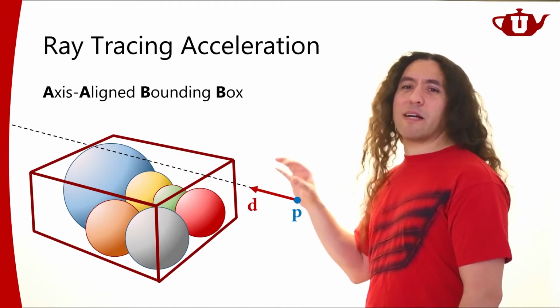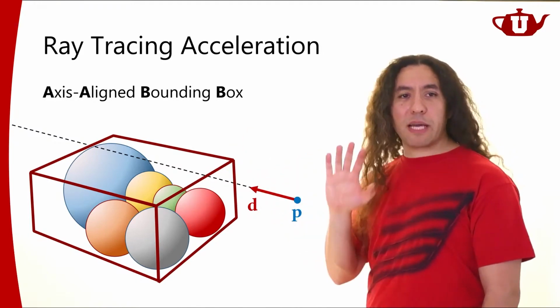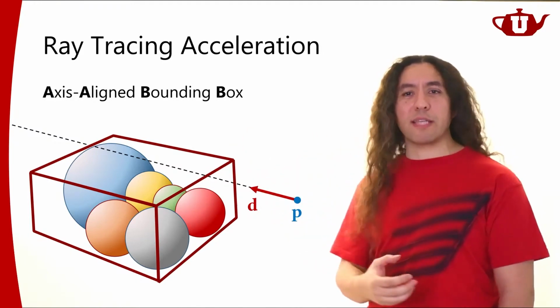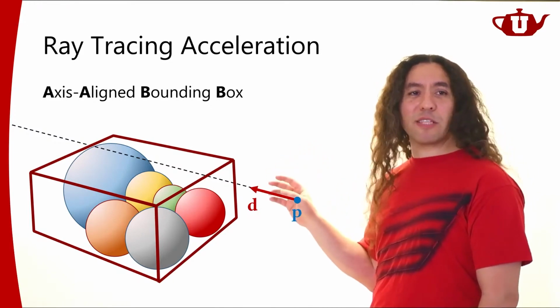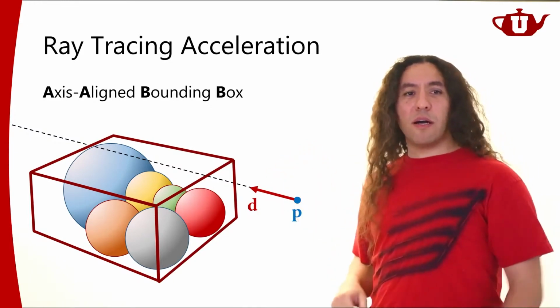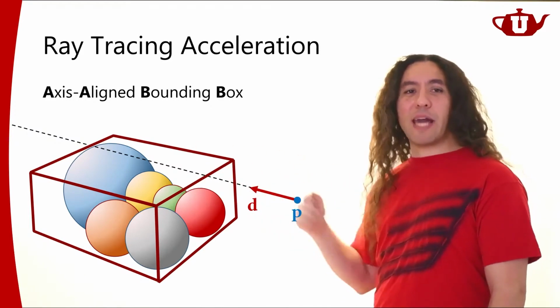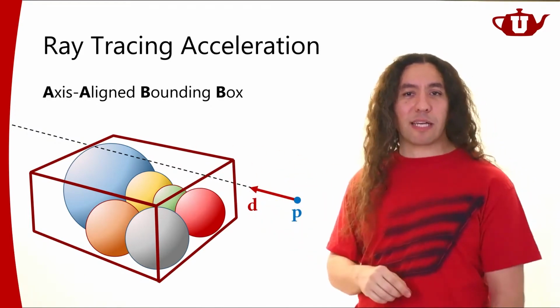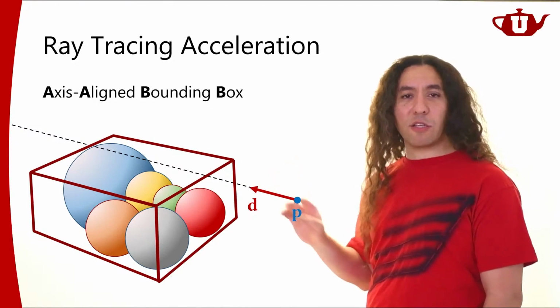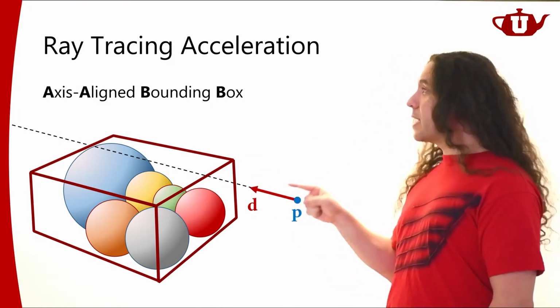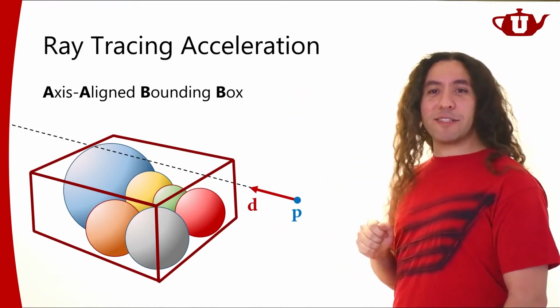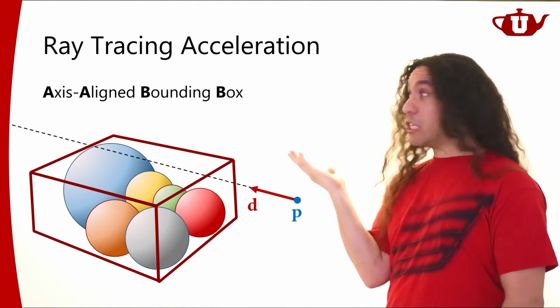I'm skipping the details of exactly how to do this, because that's not the main point I would like you to get. The difficult part is just doing the 6 plane intersections, and then you sort all the t values that you get and you figure out whether or not the ray intersects with the bounding box. It's fairly easy to do after you do the ray-plane intersections. So with 6 axis-aligned plane intersections, which is actually very cheap, right?